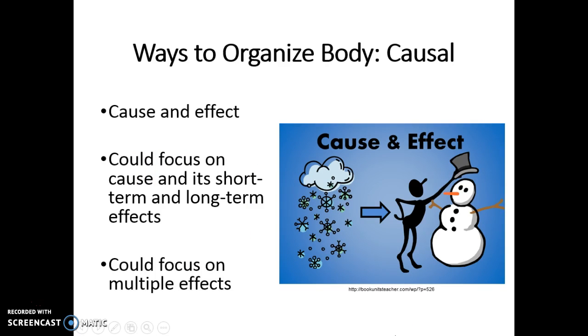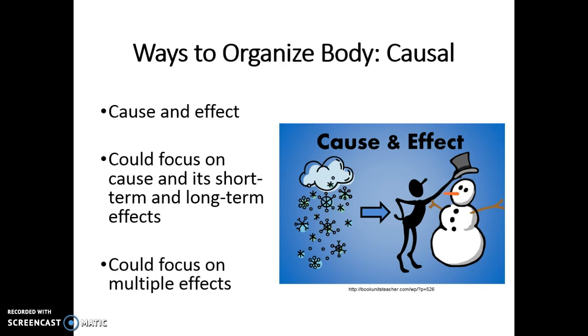Or you may decide to use a causal approach. Causal probably reminds you of the word cause, right? Hopefully that connected there. In a causal speech, you are creating a cause and effect order with your main points. One thing you could do is focus on one cause for main point 1, short-term effects for main point 2, and long-term effects for main point 3.